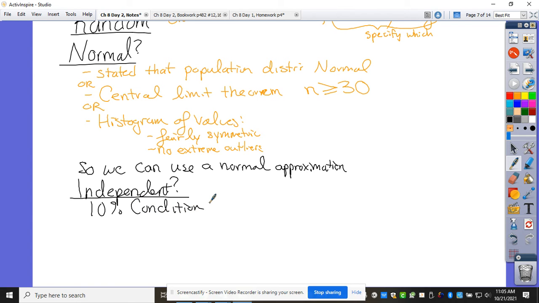So how do I check the 10% condition? Is what? And you're going to plug in numbers.